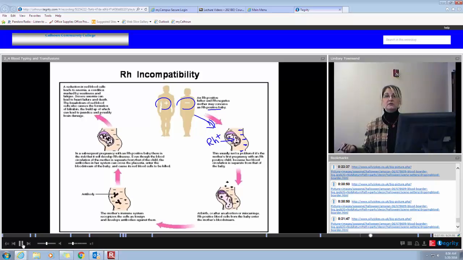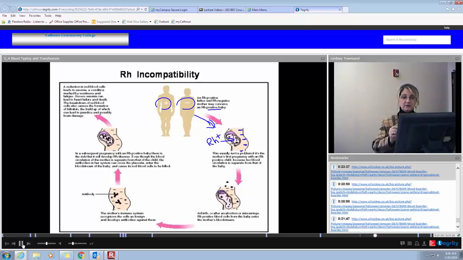The only time that this becomes a problem is, one, if the mother has an abortion, two, if the mother has a spontaneous abortion, also known as a miscarriage, or three, after delivery, when there may be some bleeding that occurs when the placenta breaks away from the uterine wall.